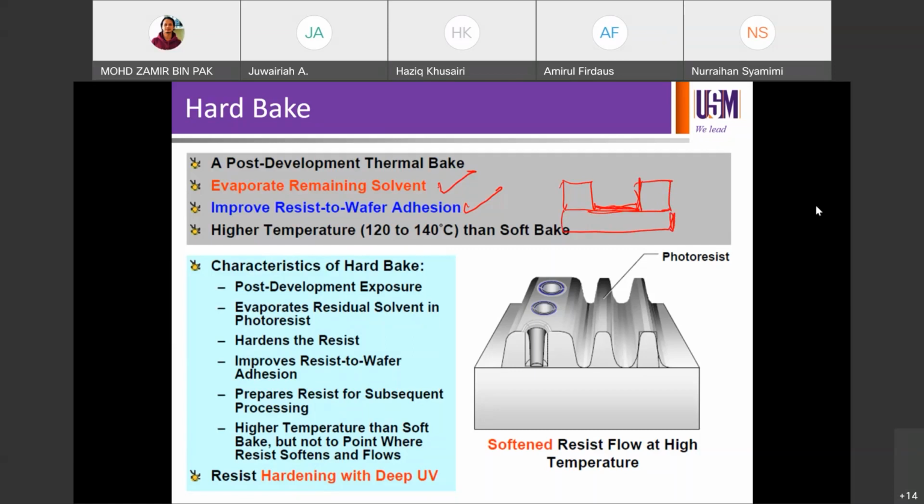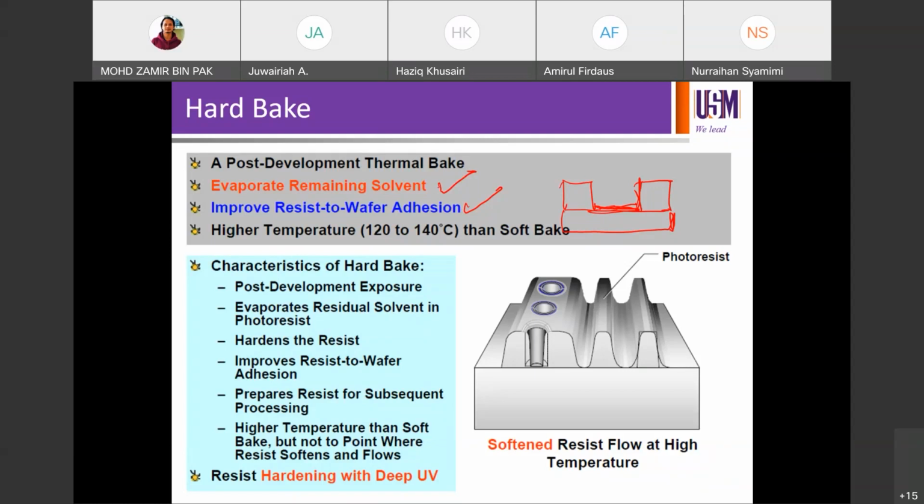So that's why you have to perform hard bake. Normally the hard bake is conducted at higher temperature, in the range of 120 to 140 degrees C. If you recall, soft bake is typically carried out at 90 to 100 degrees C, and this one is like 20 to 30 degrees higher.